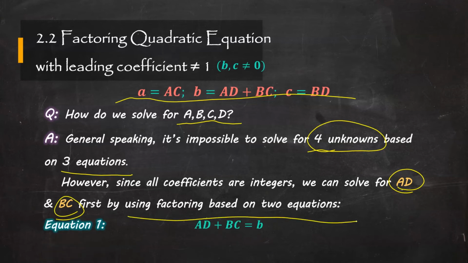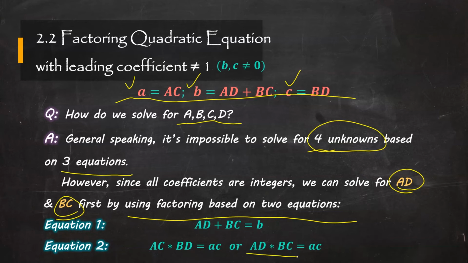The first one is AD plus BC equals b. It's from the second equation on the top. And then equation 2 is going to be AC times BD equals ac. So we do the multiplication of the first and third equation on the top. Or we say this is AD times BC equals ac.